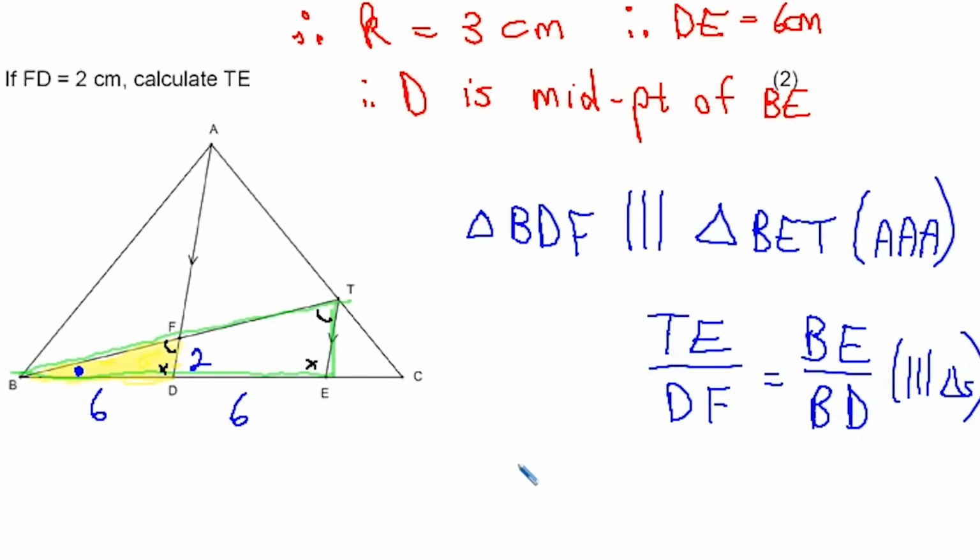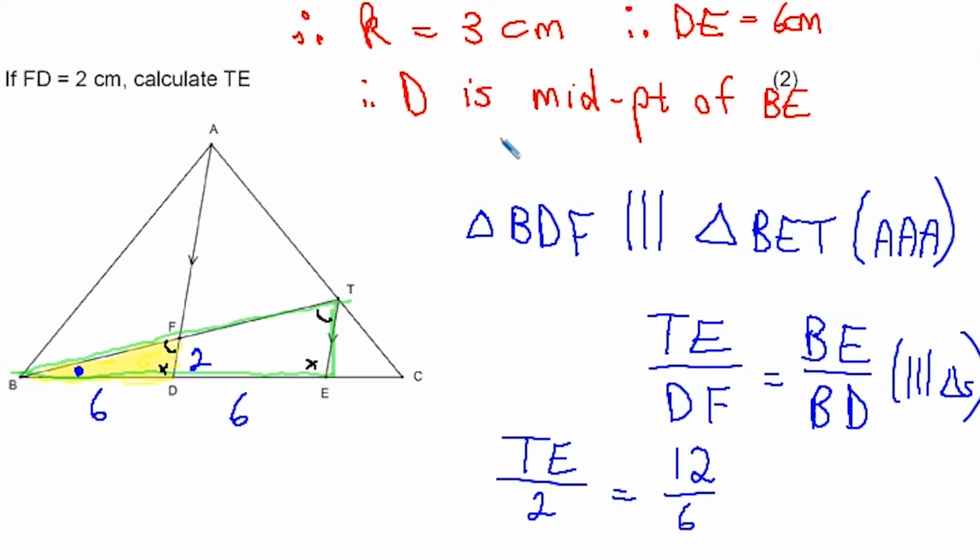Let's put in the variables that we know. We know that DF is 2. That's what we've just been told in this question. We know that BE is actually 12, and we know that BD is 6.